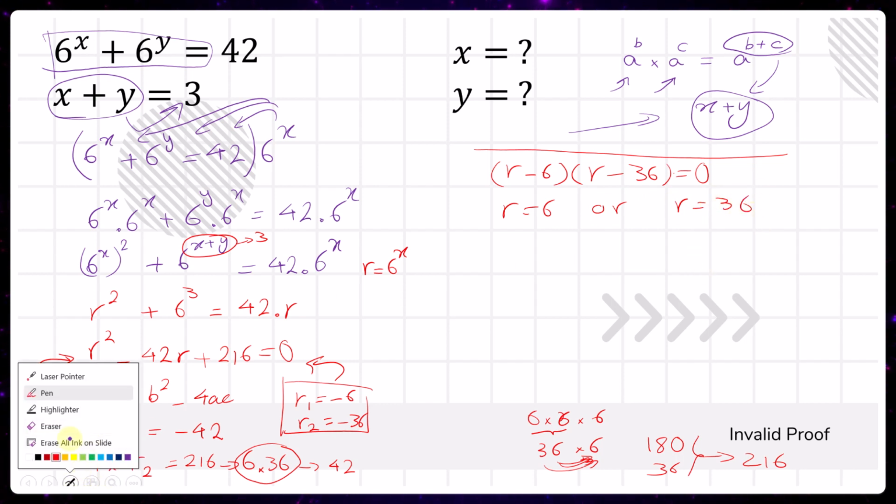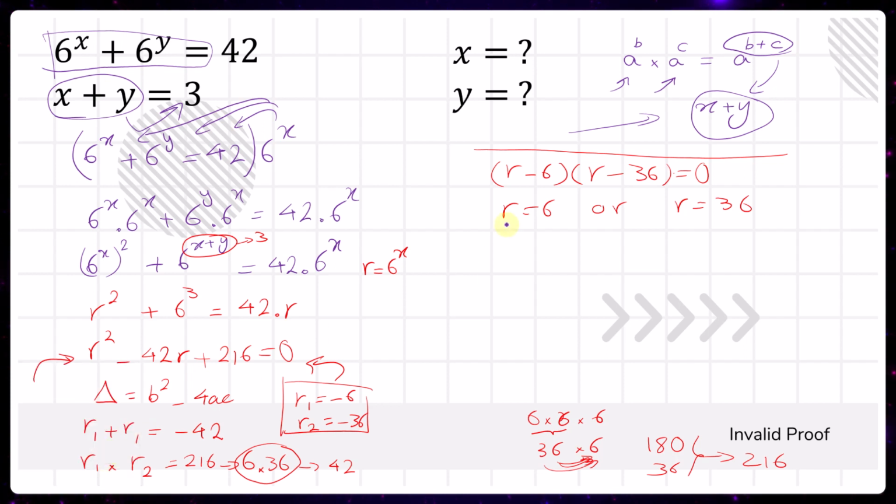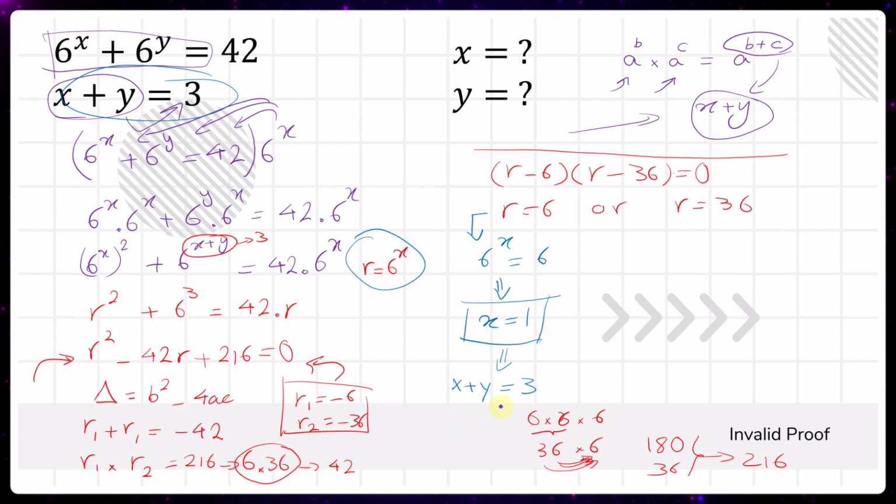Let me change the color again. Okay, now if r is 6, what was r here? Then 6 to the power of x is 6, which gives us x equals 1. And if x is equal to 1, since we have x plus y is 3, then y is 2.